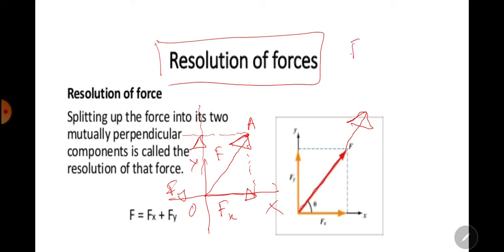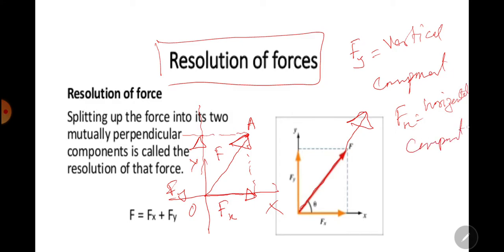So Fy is the vertical component, and Fx is the horizontal component. As we draw a parallel line to this, this is Fy, because these two are equal in magnitude, so it is called Fy and this is called Fx.